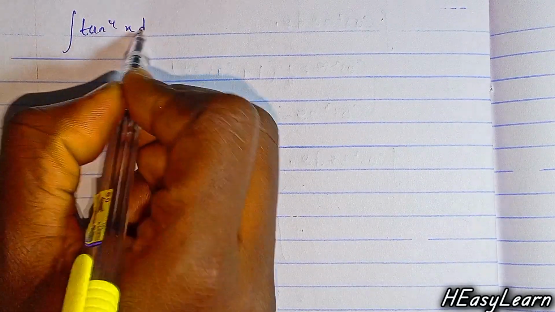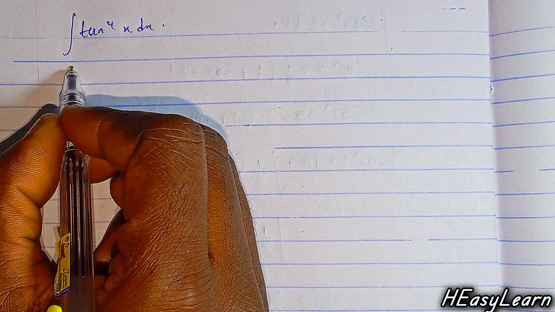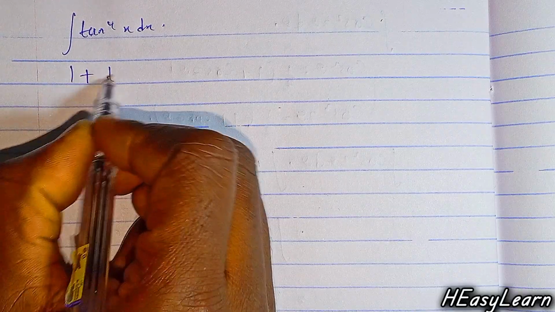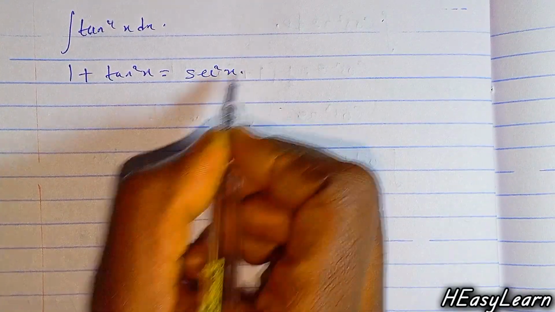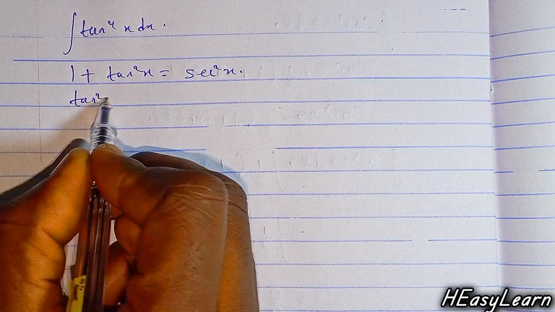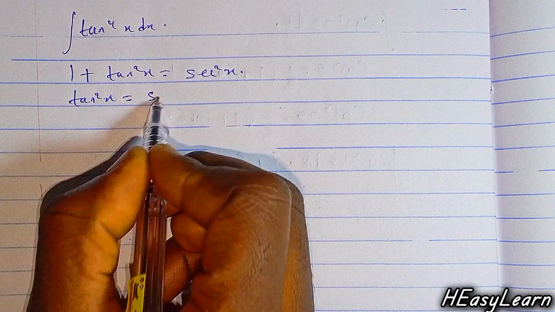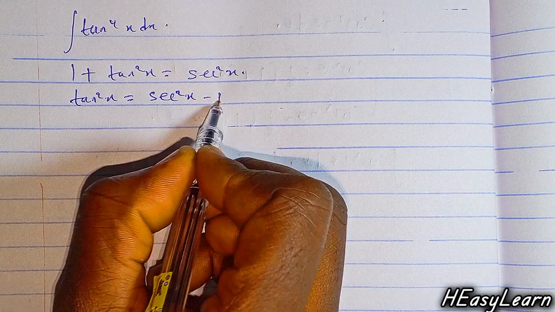The integral of tan 4x dx, remember that from trig identity 1 plus tan square x is the same thing as sec square x, but the aim is to have tan square x. This is going to be sec square x minus 1.